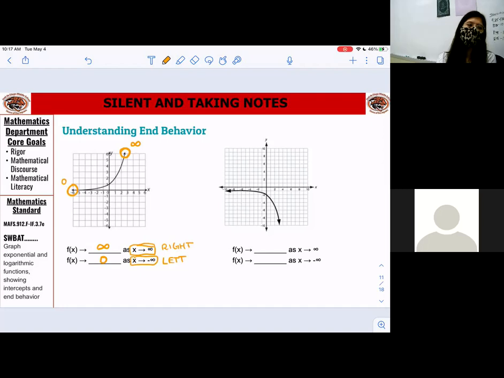Try number 2. See if you can figure that one out. Yeah, it's similar to the first one, but it's kind of upside down. Reversed, yeah.